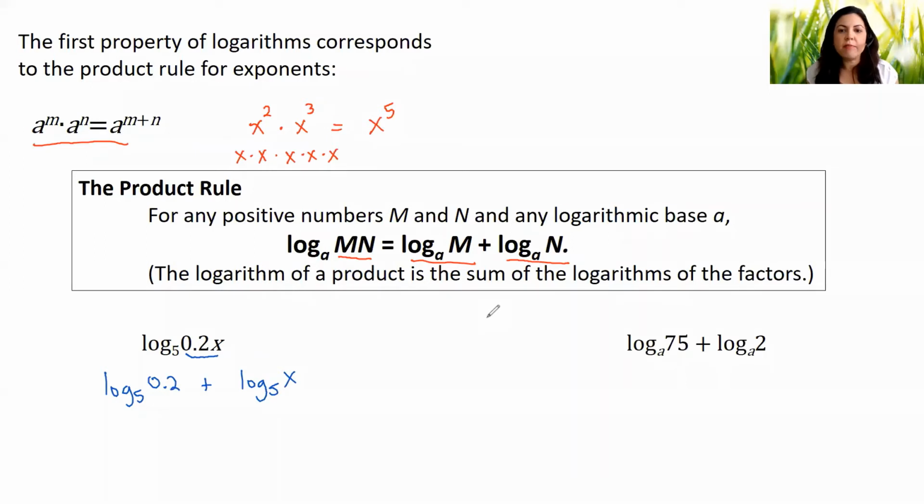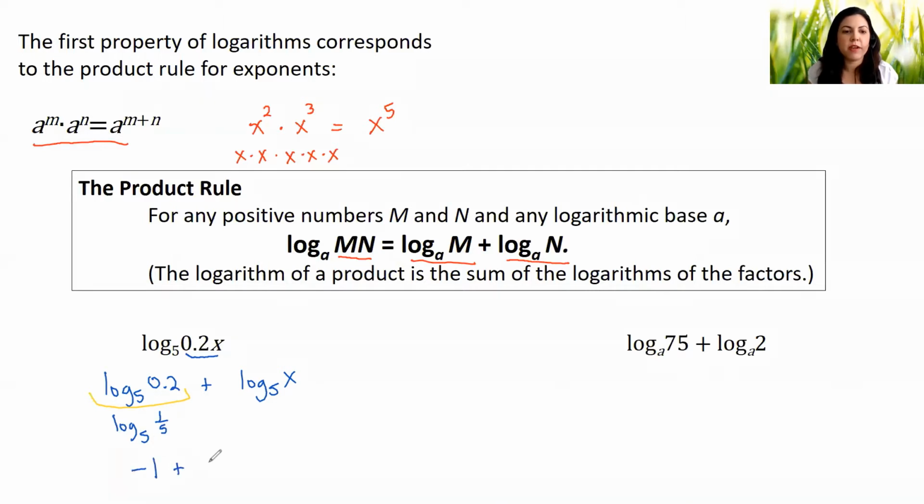And now I might even be able to simplify this further. This log base 5 of 0.2, that's just a number. That means 5 to what power equals 0.2. If you evaluate that with a calculator, or if you use the change of base formula, that's in other videos I have. But this is the same as log base 5 of 2/10, which is 1/5. And that just shows that if I take 5 to the negative 1 power, we get 1/5.